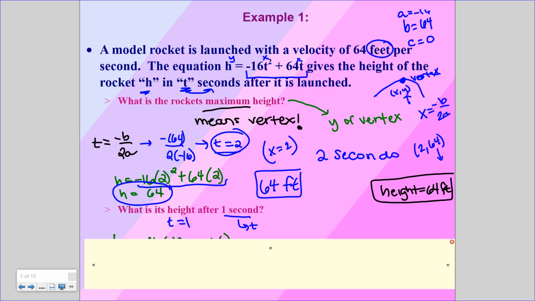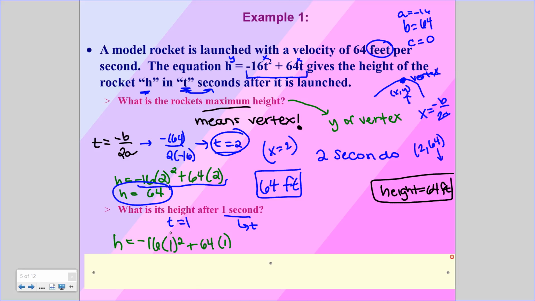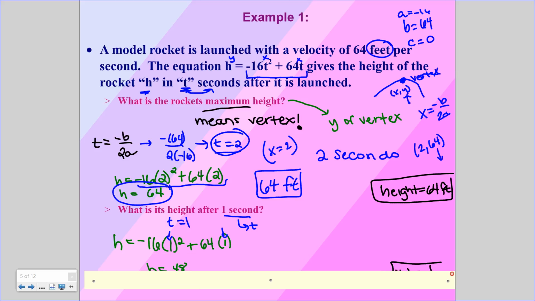So if t equals 1, we will take our equation and replace each t with 1 and simplify and solve to get our h. Here negative 16 plus 64 gives h to be 48. So that means that at 1 second the rocket reaches 48 feet in the air.